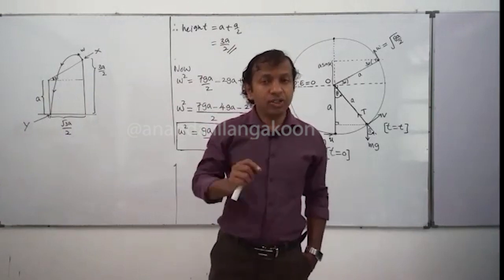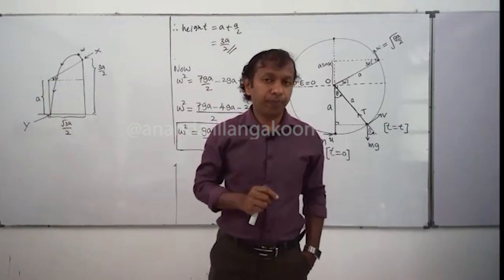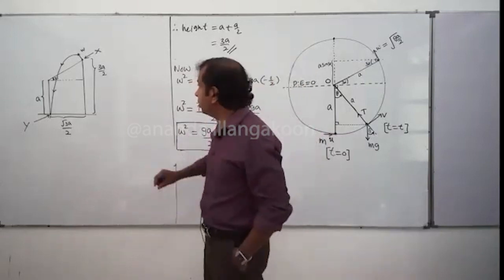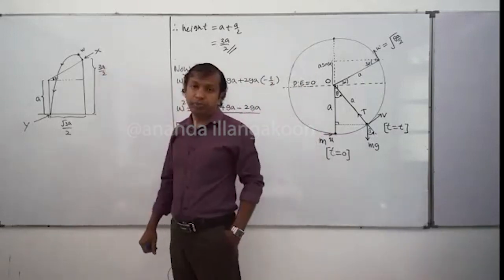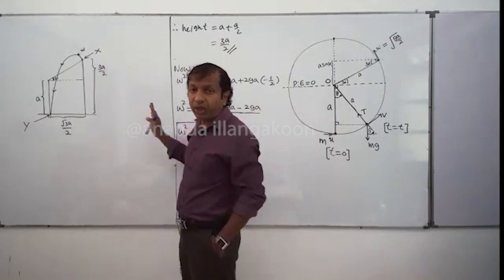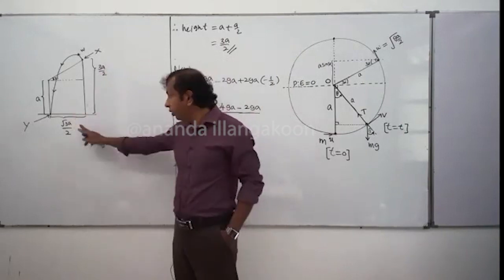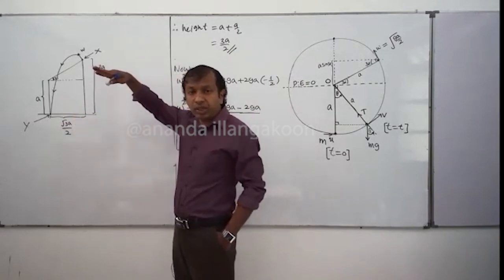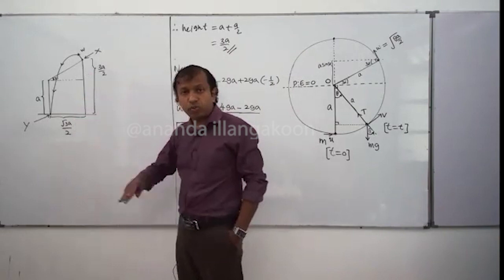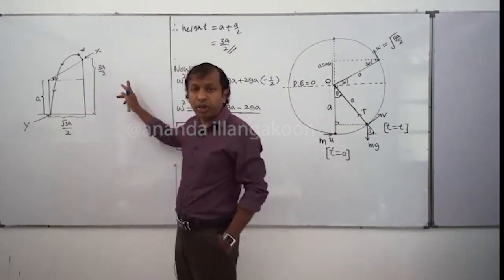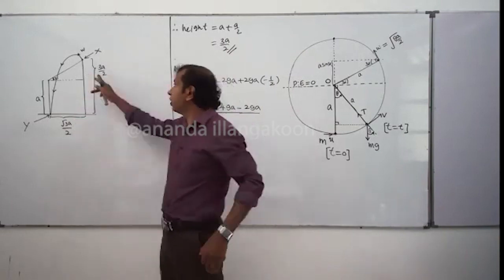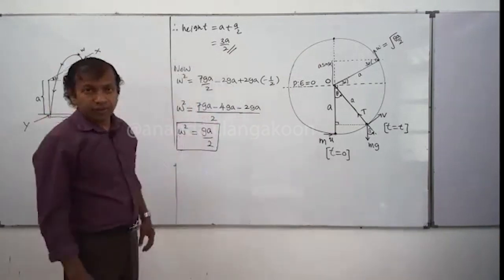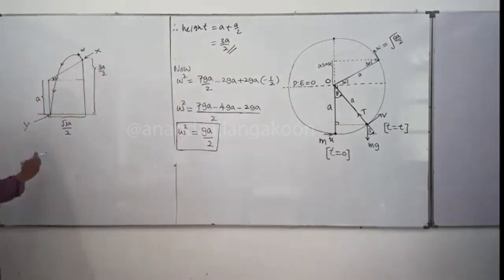If that displacement the particle moved during that time interval is equal to this 3A by 2, what can you say? While the particle moves leftward this distance root 3A by 2, its vertical downward displacement 3A by 2. What happens? Particle should move definitely to this point, right?